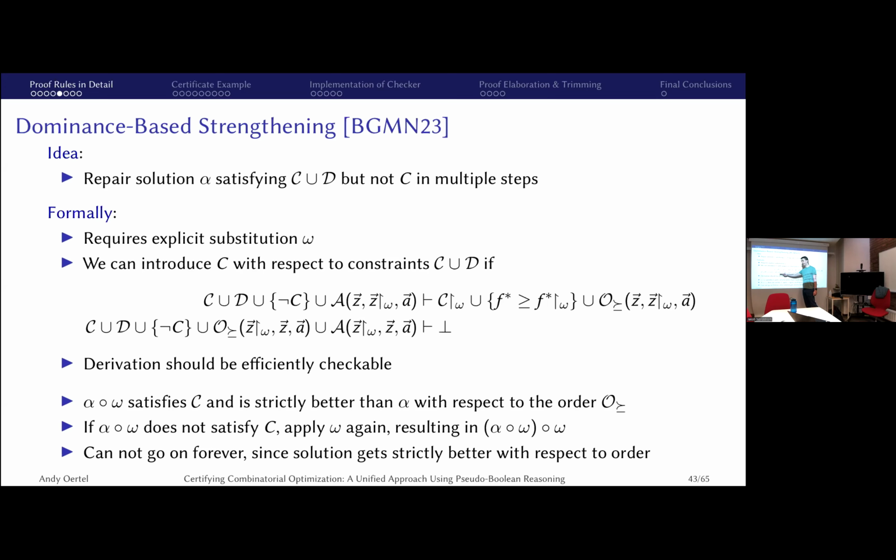When we can show that the order with the substitution on the left-hand side is greater equal than without substitution, that leads to a conflict. This basically means that with the substitution, the order is not at least as bad, so it's greater, not greater equal.